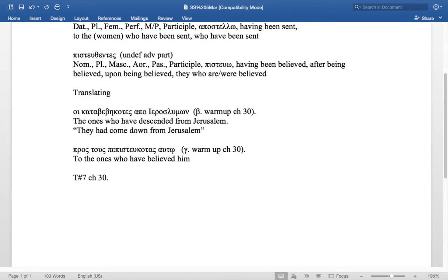So literally, he was having been thrown in prison. Okay, he had been thrown in prison. It is functioning more like a verb, just like eimi would do. When a perfect participle like this appears with the form of eimi, it's going to be translated more like an indicative verb. So that means eliminate the keyword after or while, and no understood noun or pronoun to include in the translation.